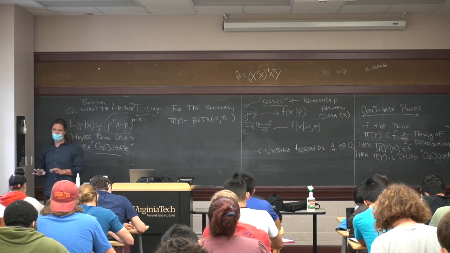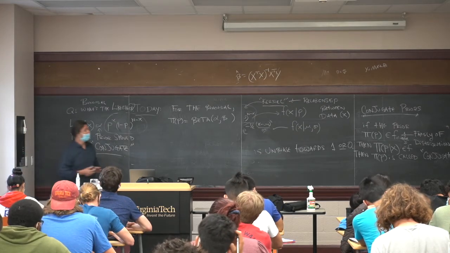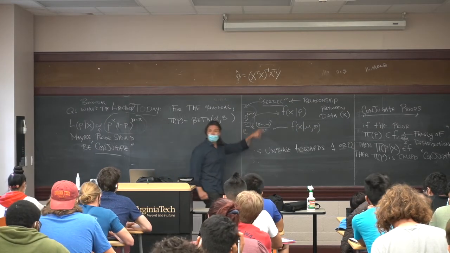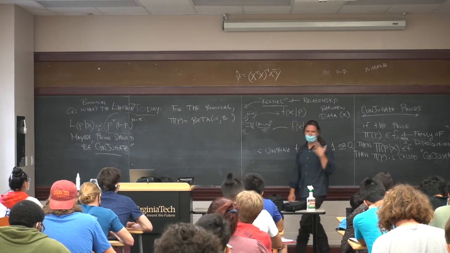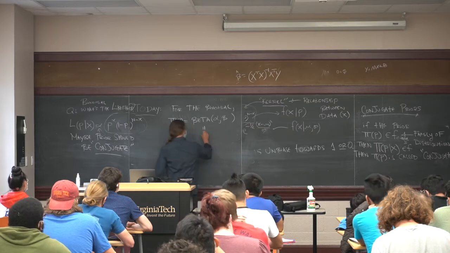This is a little bit cumbersome to talk about because the distribution is called beta, and it has a parameter in there called beta. So I'm using those words differently. The beta distribution looks like this.